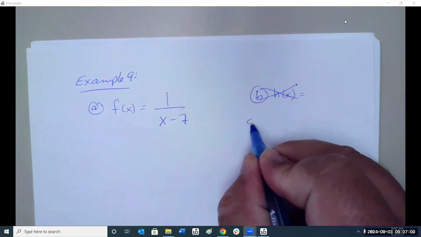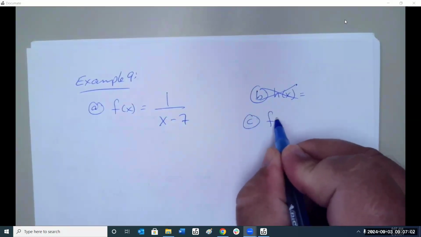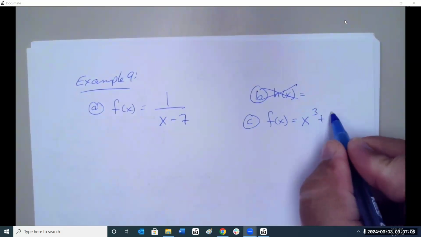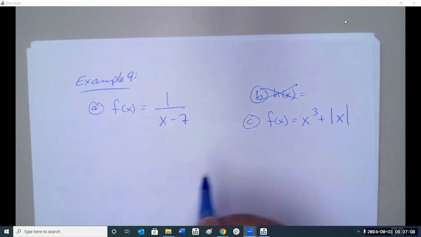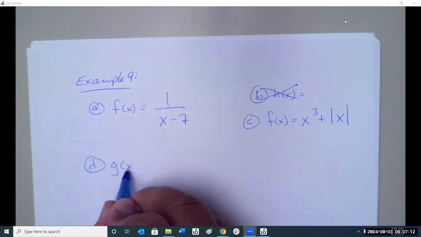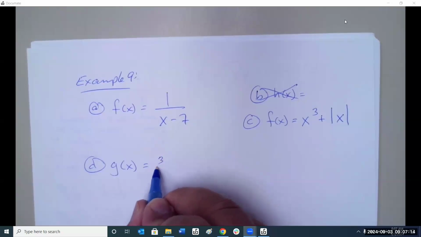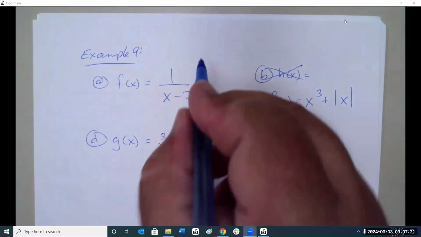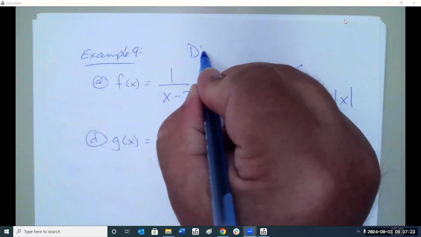We can do C. There. Tell me the domain of each of these.